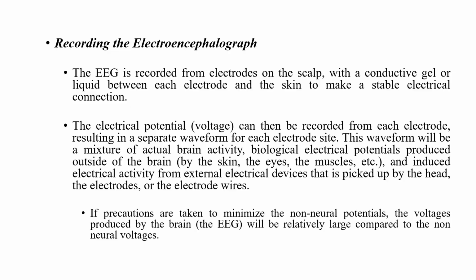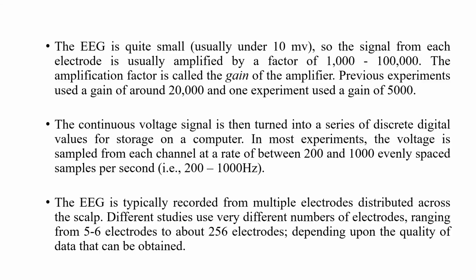If precautions are taken to minimize these non-neural potentials, the voltages produced by the brain, that is the EEG, will be relatively large compared to the non-neural or noise voltages. So, one of the first and more important things is to minimize all kinds of noise that can be captured here and to maximize the EEG that arises from the neural activity of the brain.